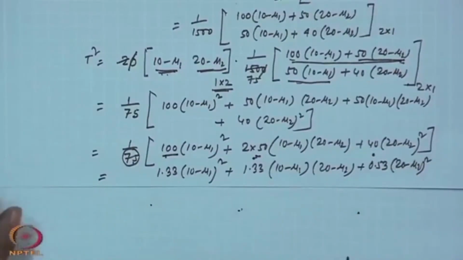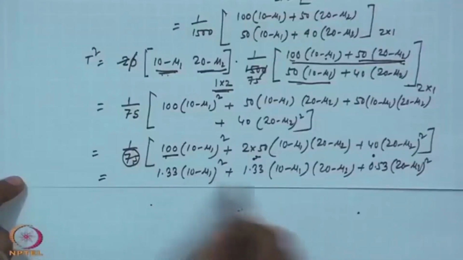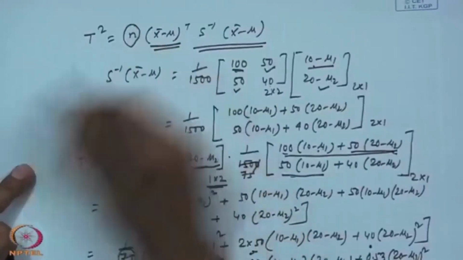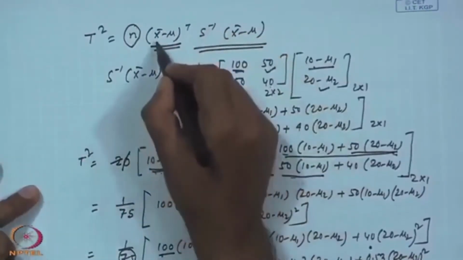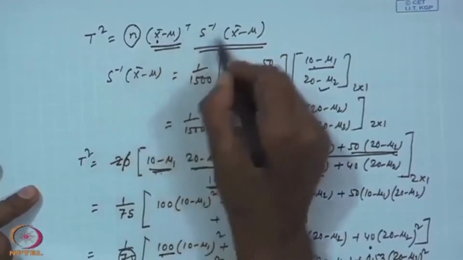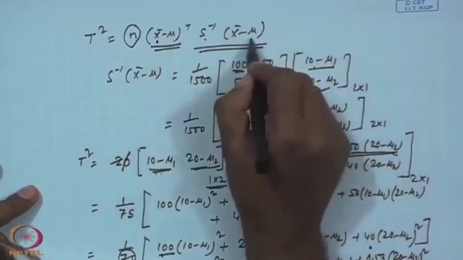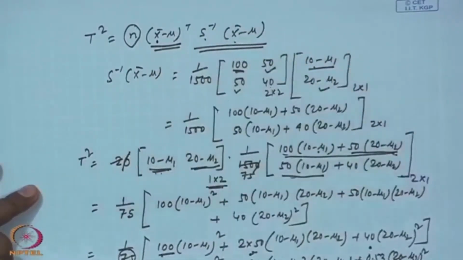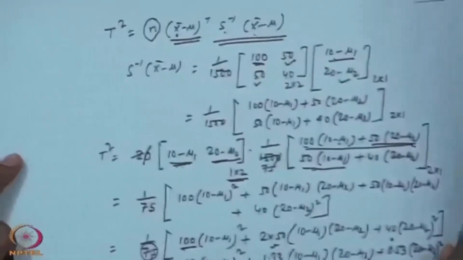This type of equation you have seen earlier also, when I asked you to develop the bivariate constant density function. It is similar, the only difference is x bar is x, and S will become sigma. Okay.